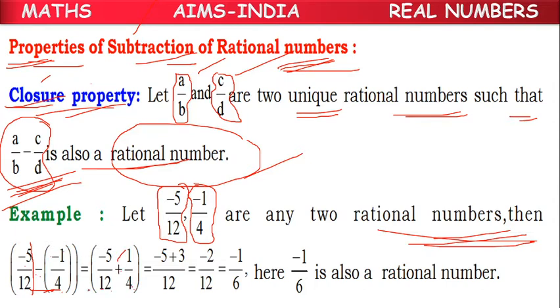Here the denominators 12 and 4 are different, so we have to take the LCM. 12 1 is 12, 1 into minus 5. 4 3 times 12, 3 into 1, 3. Minus 5 plus 3 equals minus 2. Minus 2 by 12. Both are divisible by 2, so after simplification, minus 1 by 6. This result, minus 1 by 6, is also a rational number. So rational numbers follow the closure property under subtraction.